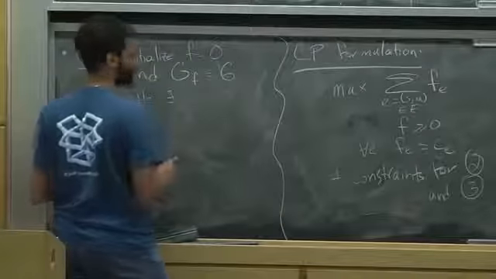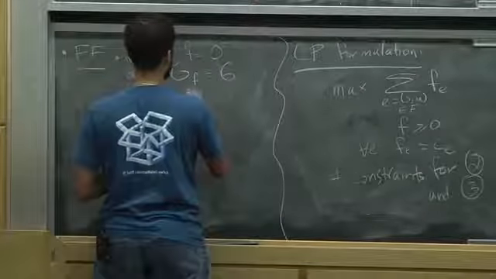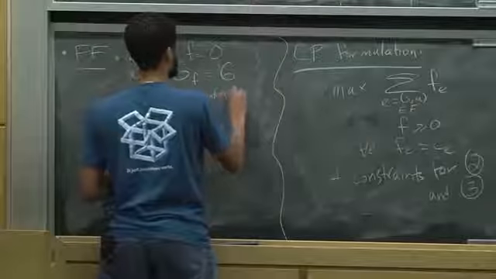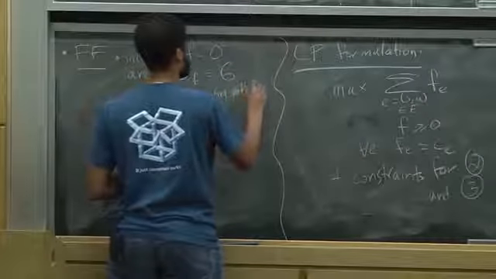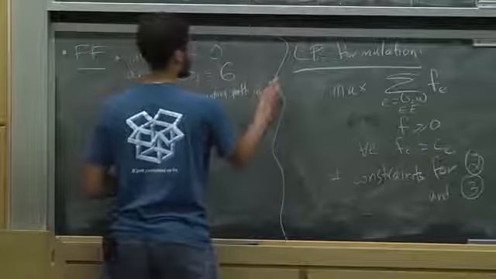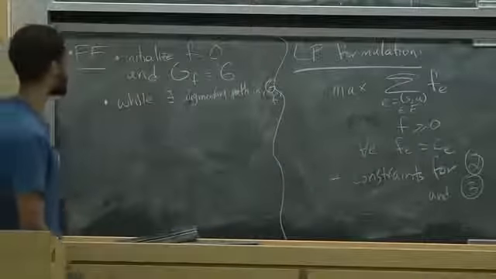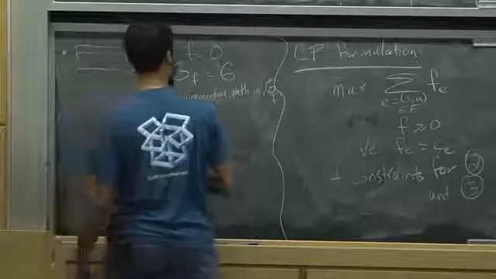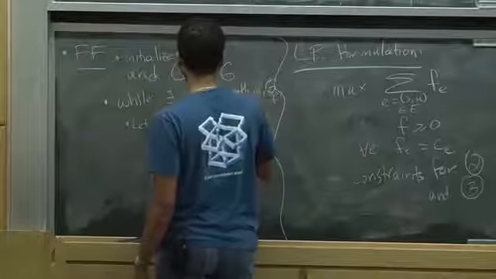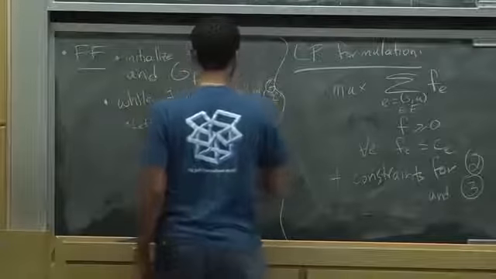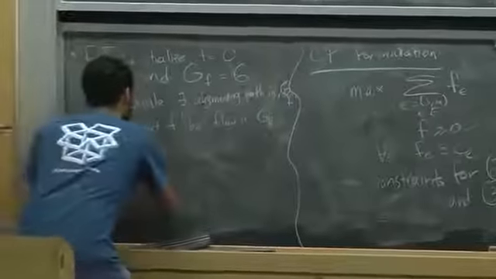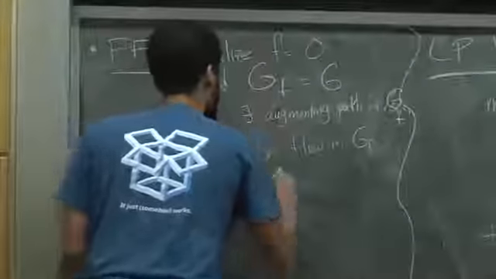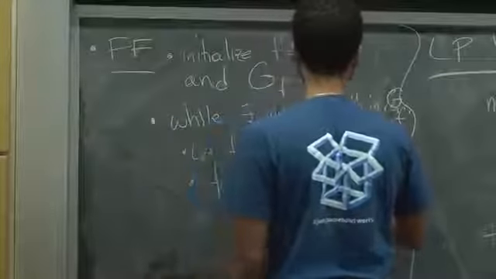While there exists an augmenting path in Gf, we're going to let f prime be some flow in Gf, and we're going to set our new f to be our old f plus f prime.